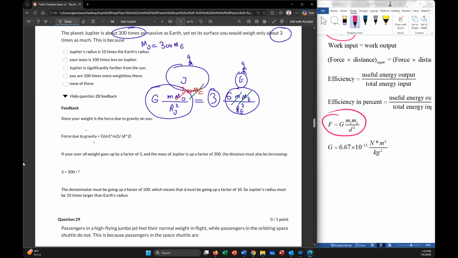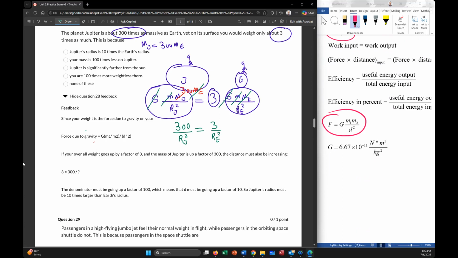Mass of you and mass of you cancel each other. These G and G cancel each other. What is left? 300 divided by radius of the Jupiter squared equals, nothing left, just 3. Good. Radius of Earth is squared.